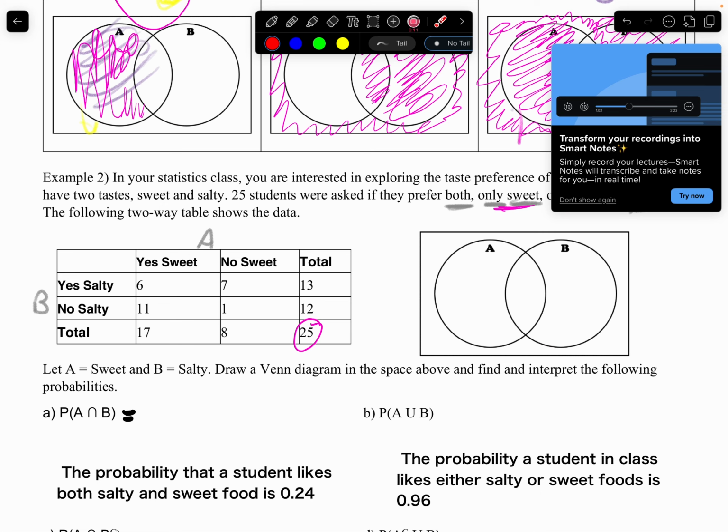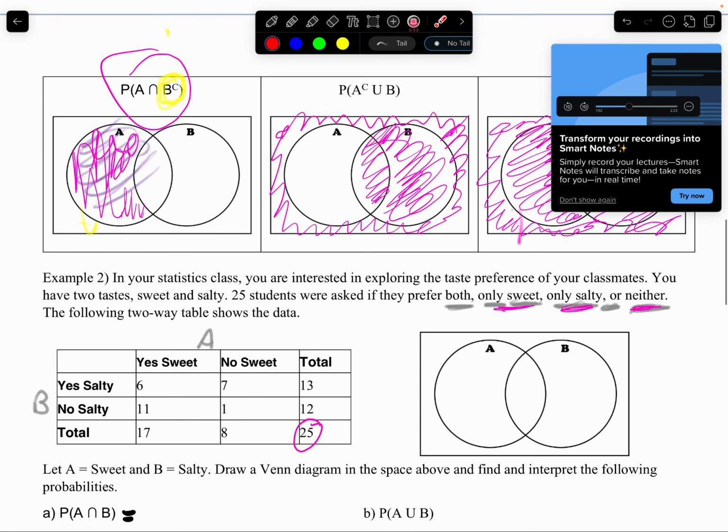And so, let's take a look at this. I think we can do it inside the Venn diagram. So let's call A our sweet, and you can, if you want to, label sweet, salty. You can do that if you'd like, if it helps you.